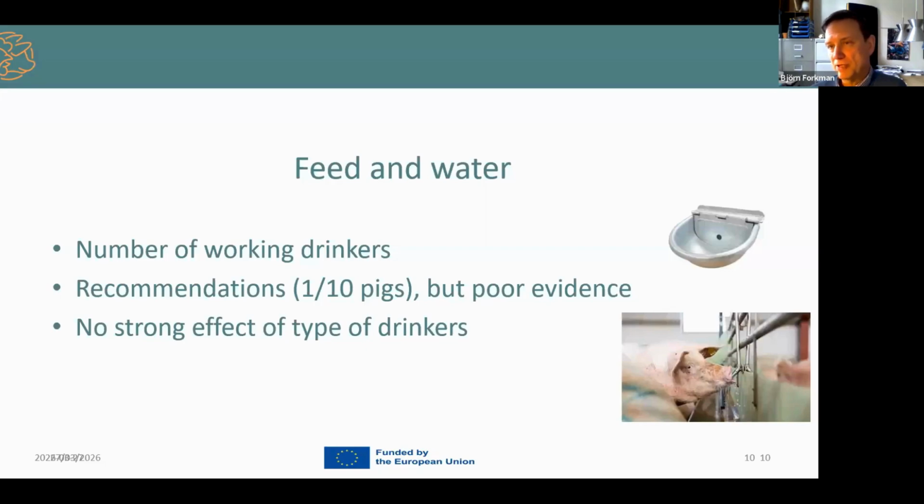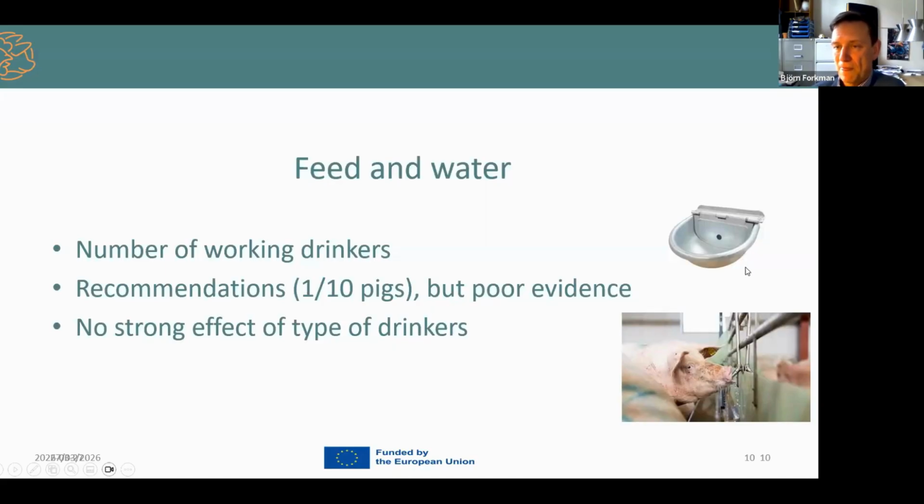There's been some discussion about the type of drinker provided. In general, animals, and not just pigs, prefer drinking from open bowls like the one here at the top. They prefer that over nipples like the one you see the pig drinking from here.